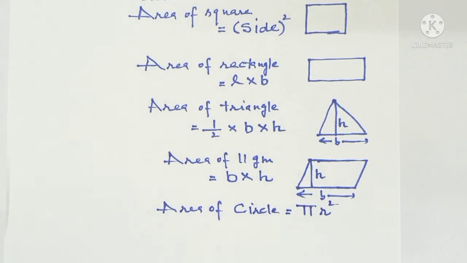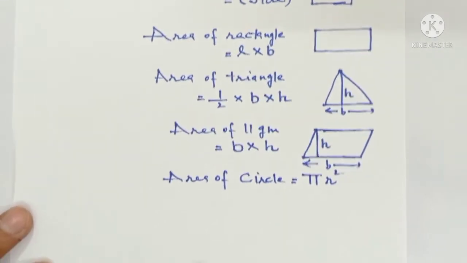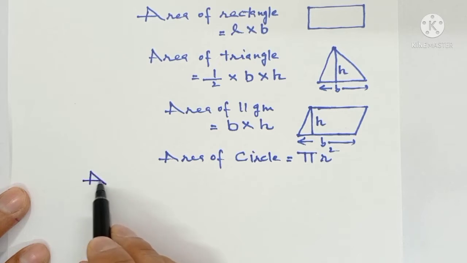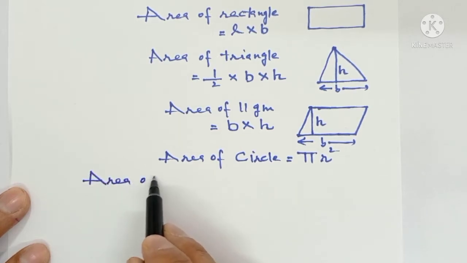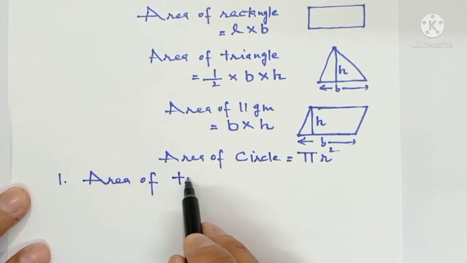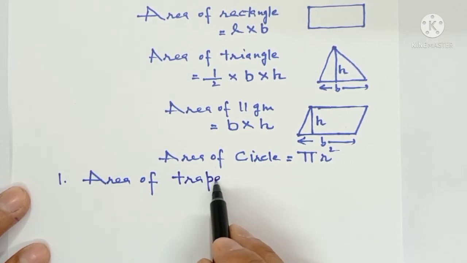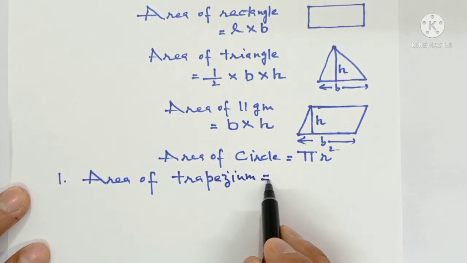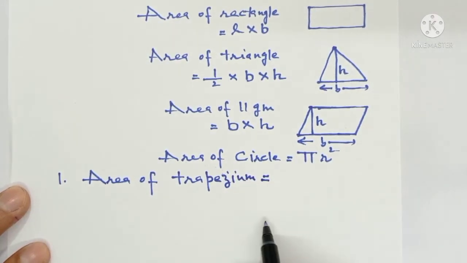Now in class 8th, in worksheet number 1, there are questions related to area of trapezium. Before we do area of trapezium, you must be aware of what a trapezium is.